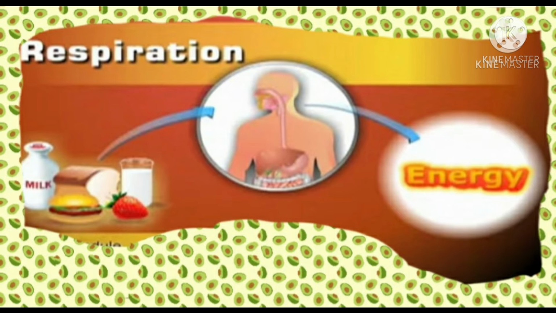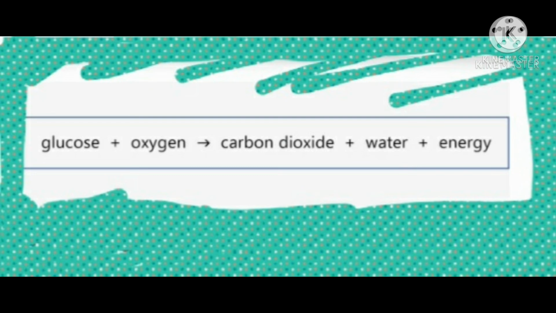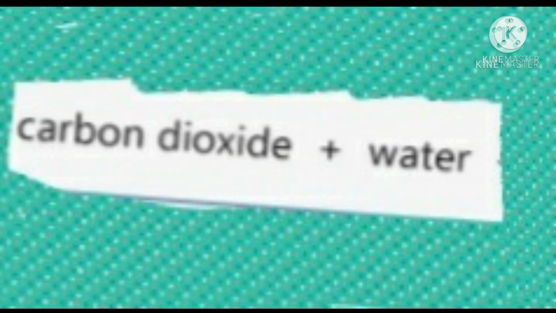Materials like fatty acids and glycerol are also oxidized during respiration to produce energy. Carbon dioxide and water are produced by the oxidation of food during respiration. These waste products of respiration, carbon dioxide and water, enter into the blood.